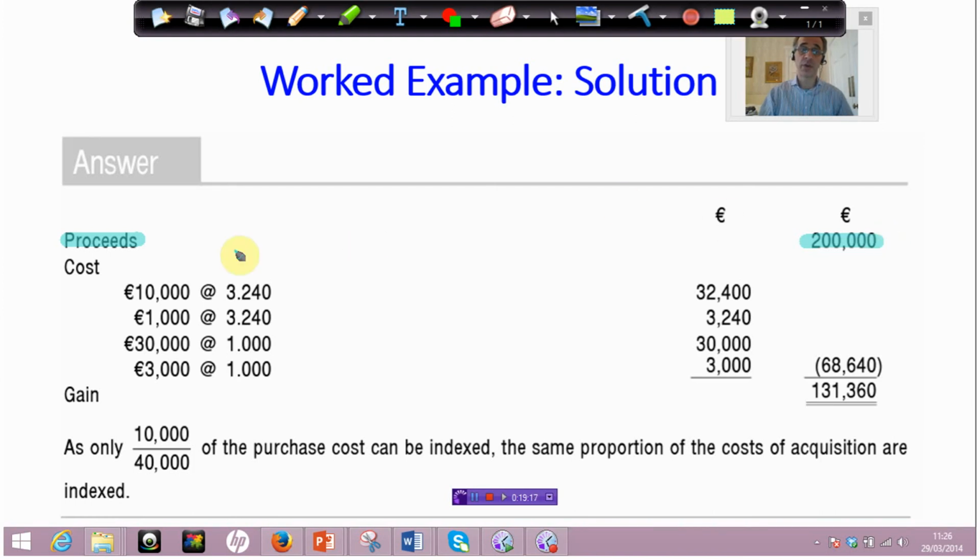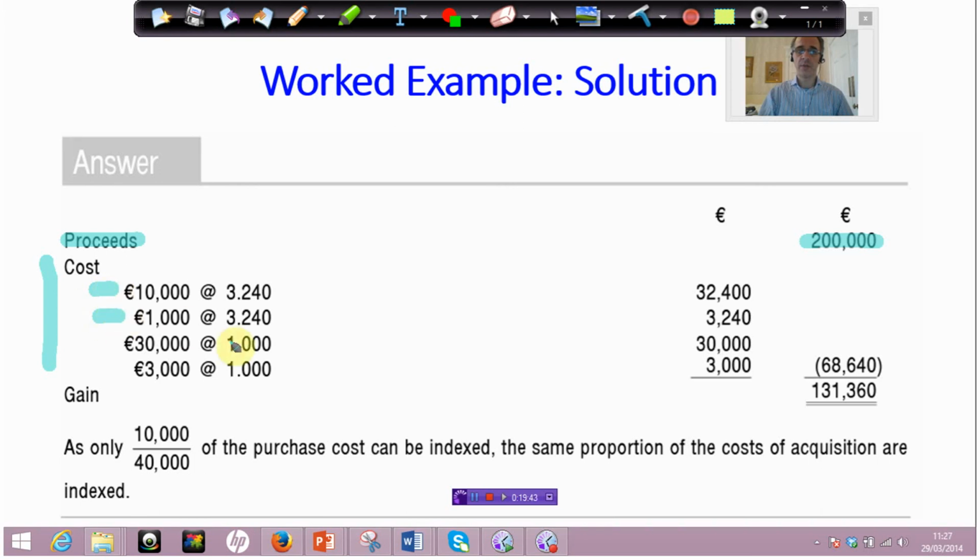But here's what does. If you look at these areas here, it looks a little bit unusual because we're not just simply taking our full cost of purchase, which was 40, and also our incidental costs of 4. What we're doing is splitting them into 2 areas. In effect, we're saying that the element of cost that's relevant for indexation are these 2.